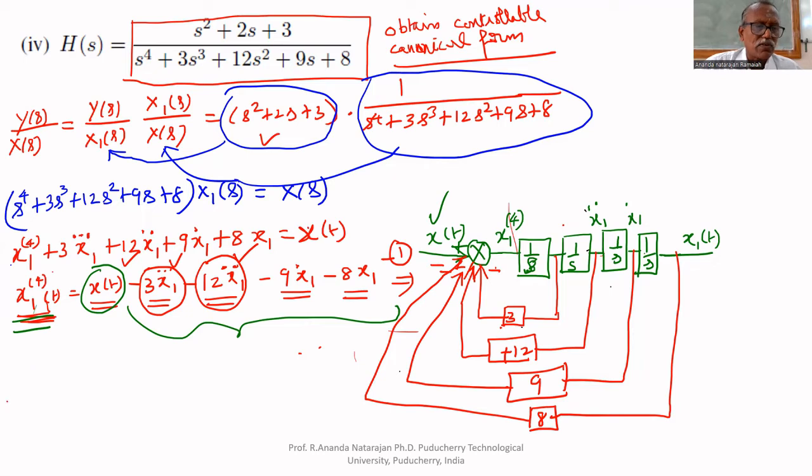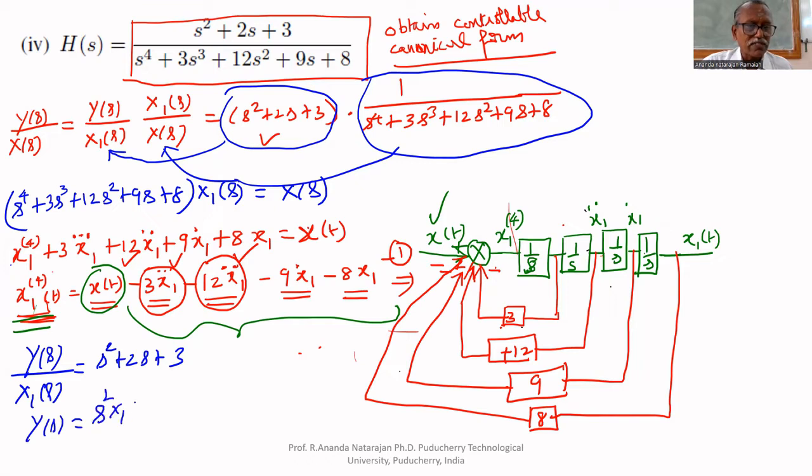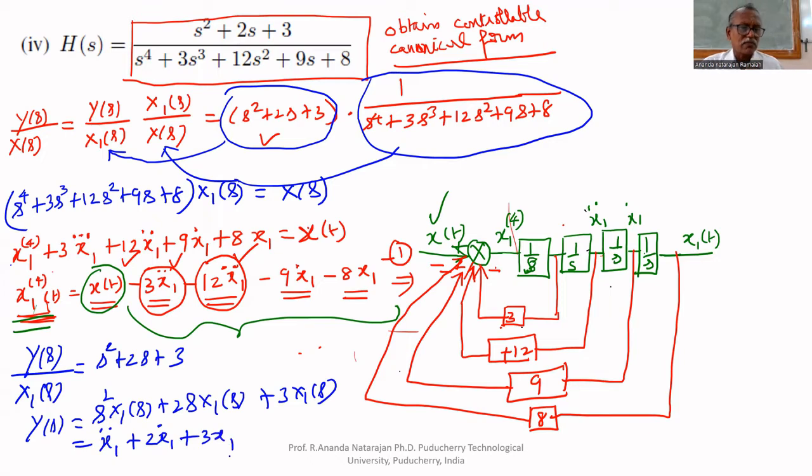Now take the first equation. What is that? Y of s upon X1 of s is the first equation. That is equal to s square plus 2s plus 3. Cross multiply. Y of s equals s square X1 of s plus 2s X1 of s plus 3 X1 of s. s square means the second derivative, x1 double dot, plus 2 times s means the first derivative of x1 of t, plus 3 times x1.